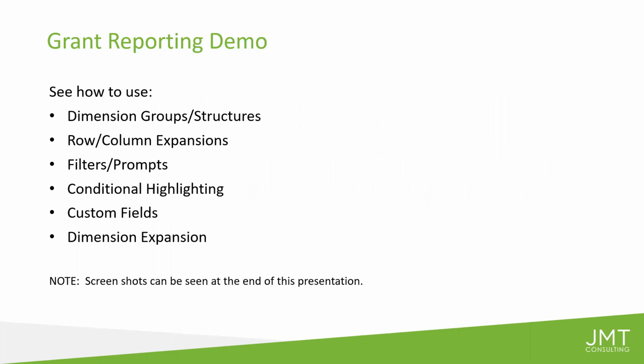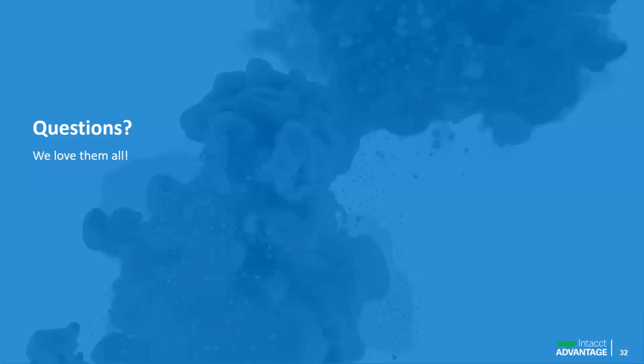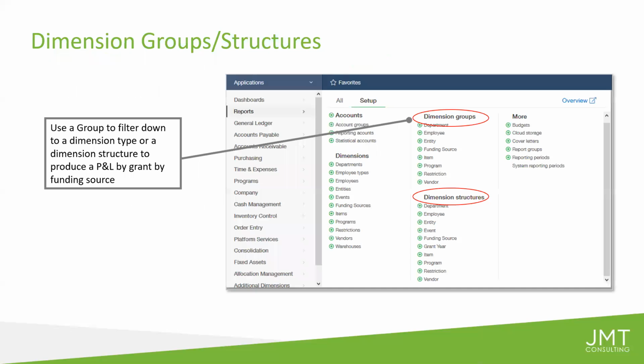So what we're going to do is walk through some reports and talk about how you can use reporting to help with that. I'm going to pop down to the end here to go over these slides. Just for time's sake, I'm not going to hop into products for reporting.